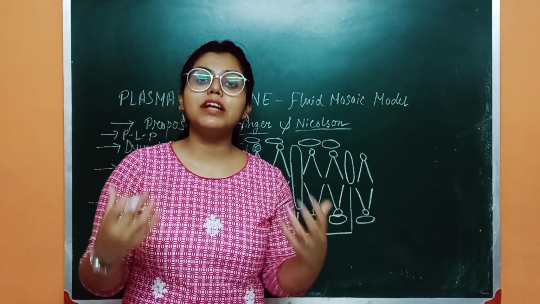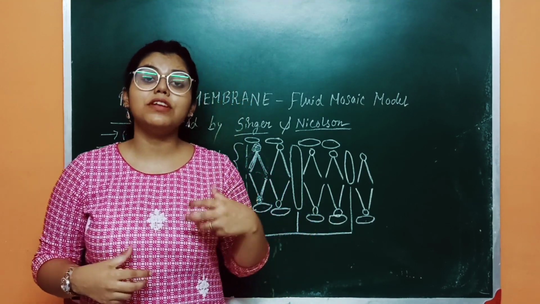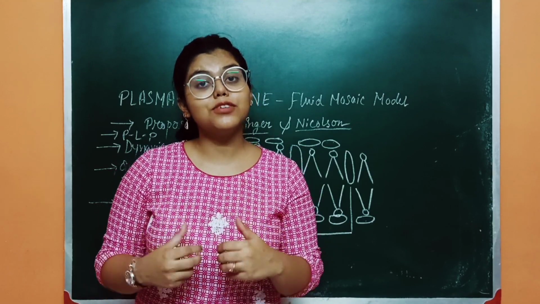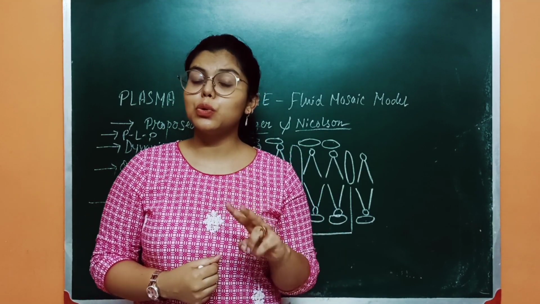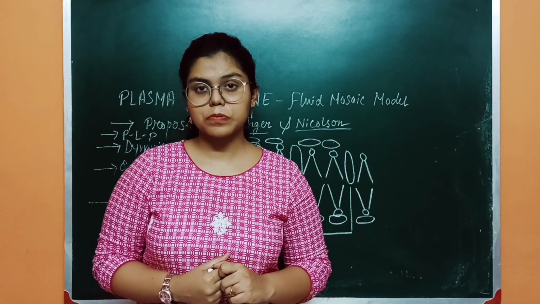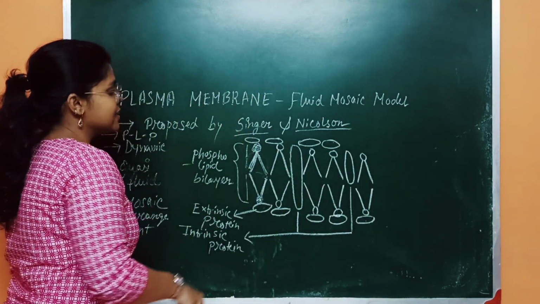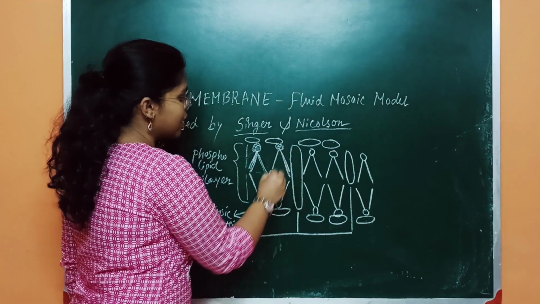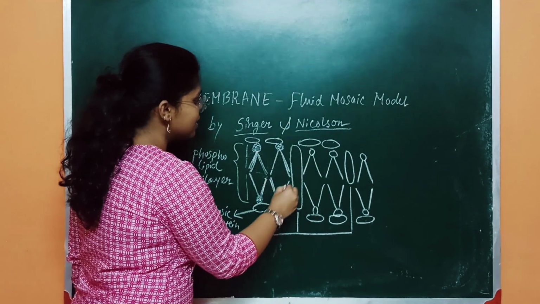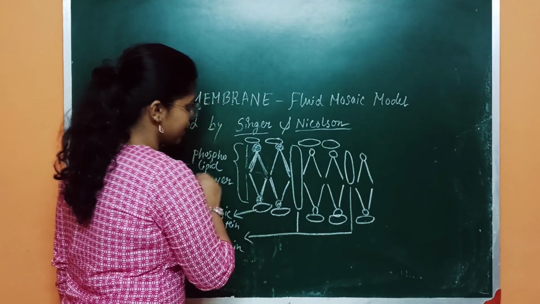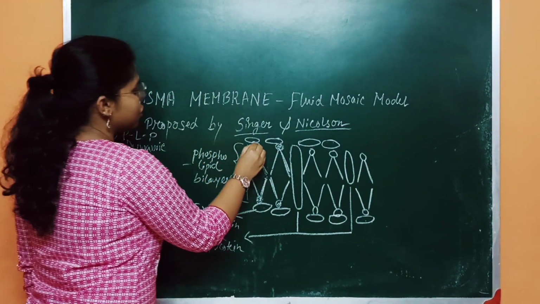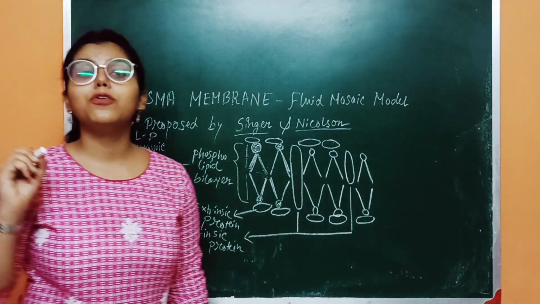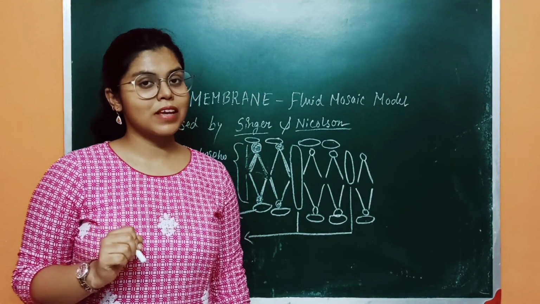Hydrophilic means they have love for water, and hydrophobic means they have fear of water. So the two are different. Here this is the head of the human and this is the tail or the hand of the human, so the head part is hydrophilic and the tail part is hydrophobic in nature.